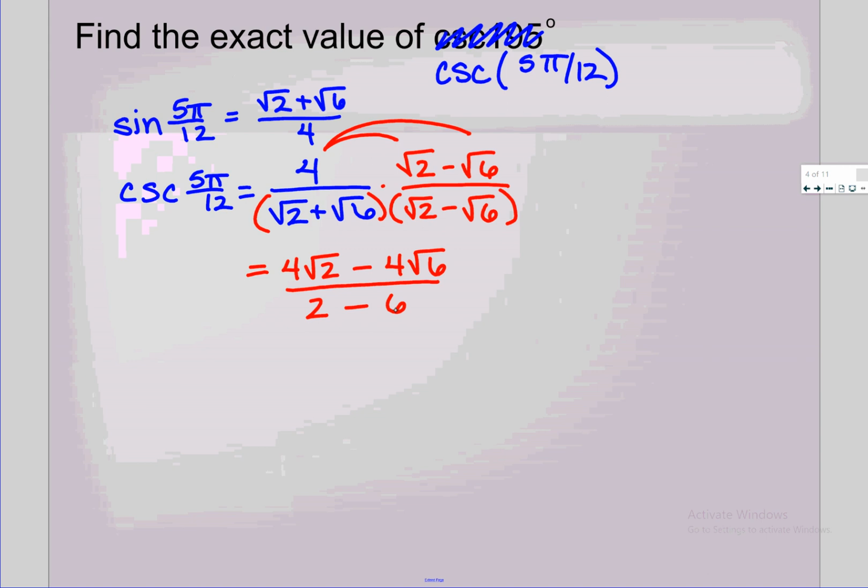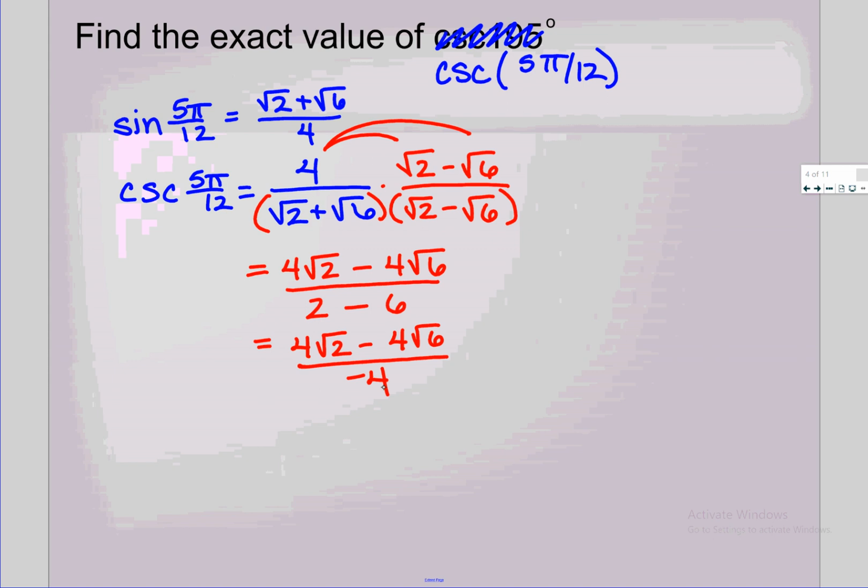All right, so now if I simplify that, I have 4 rad 2 minus 4 rad 6 all over negative 4. And then this fraction reduces. Every term in this fraction is divisible by what? 4.